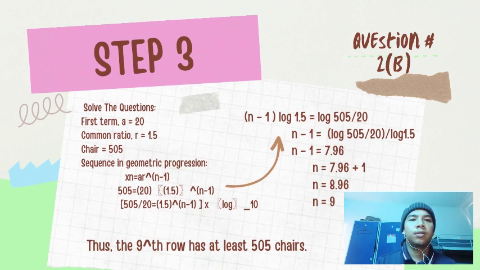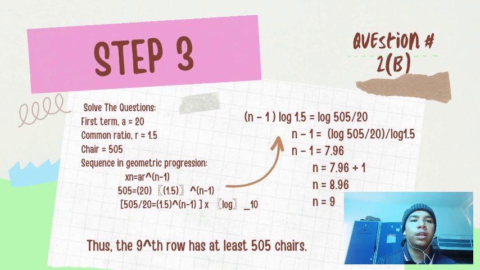And then we move the log 1.5 to the right side and it will become n minus 1 equals log 505 per 20, per log 1.5.